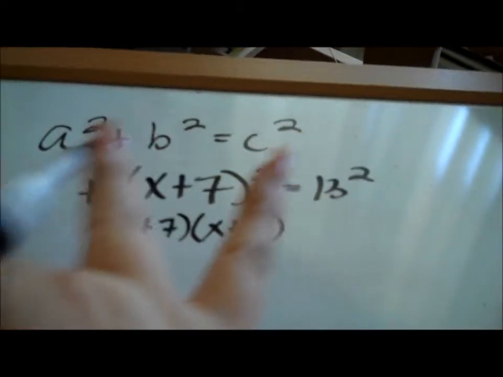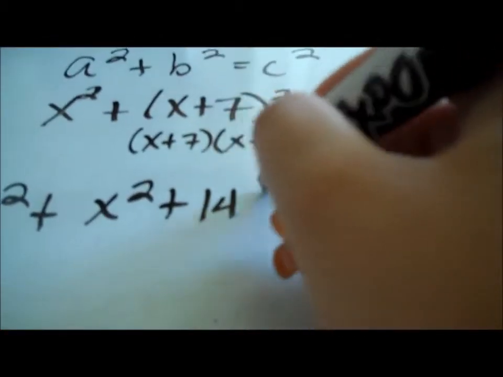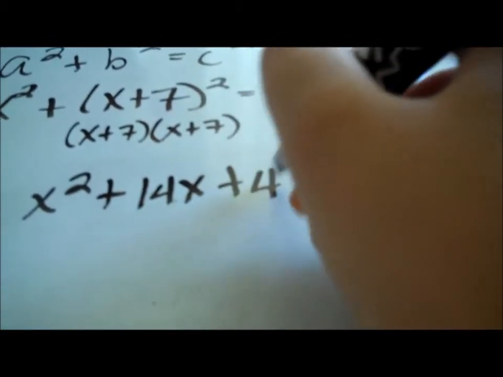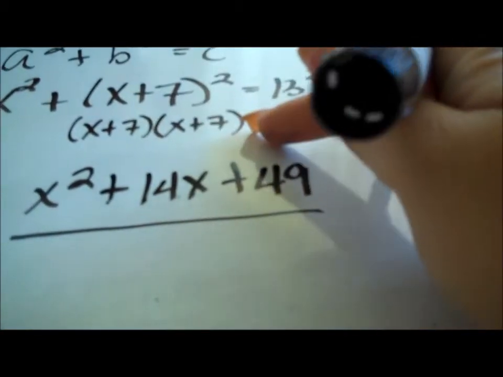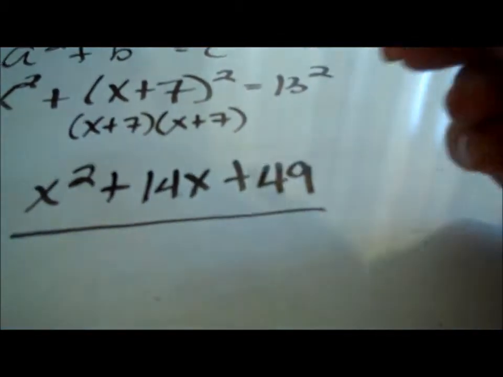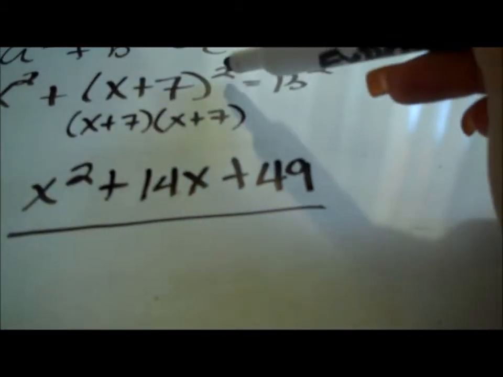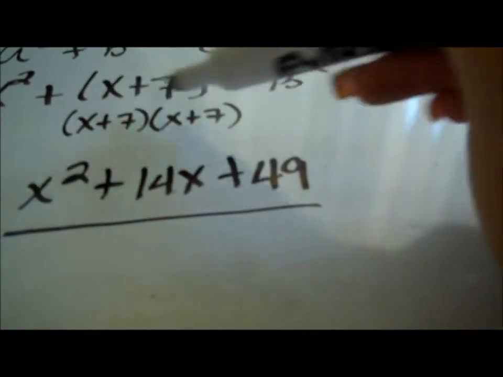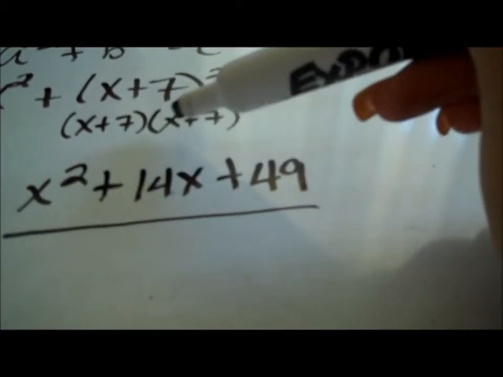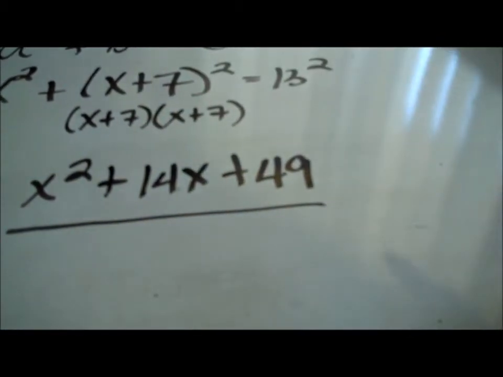That then multiplies out to x squared plus 14x plus 49. That part is this right here. Okay, so remember, if I have a binomial that is to the second power, that means that there are two of them, and then I have to use distribution to figure that out.